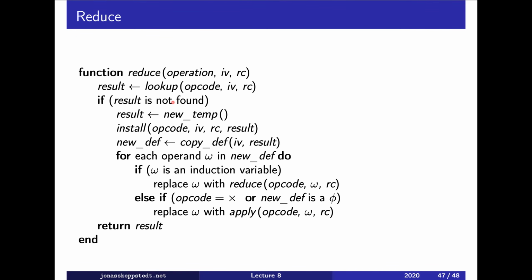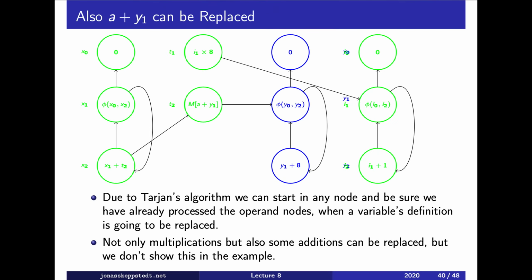And if we have not, we create a temporary and compute. And then we recursively do this by, what we do is to copy the strongly connected component by following the operands. And eventually we have copied everything.